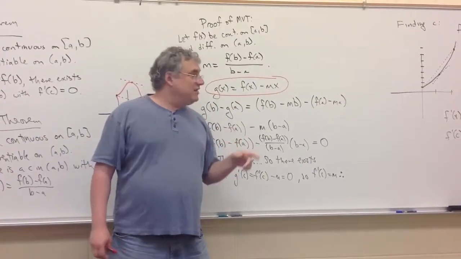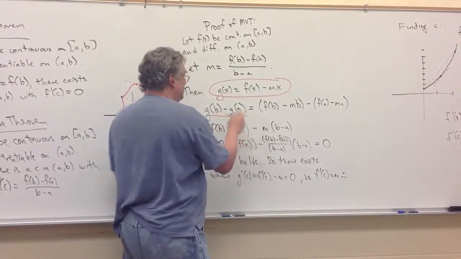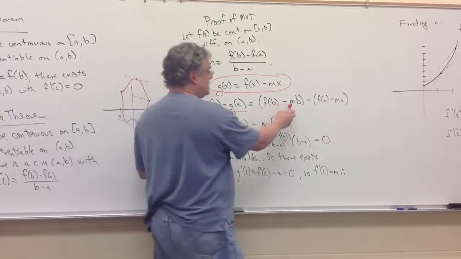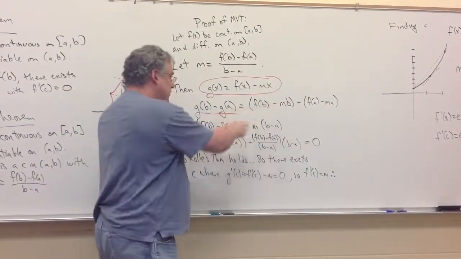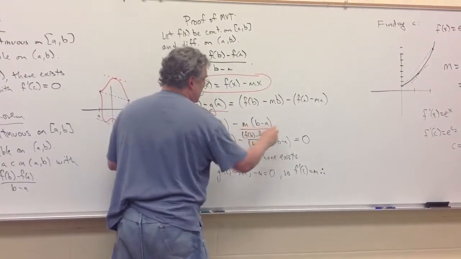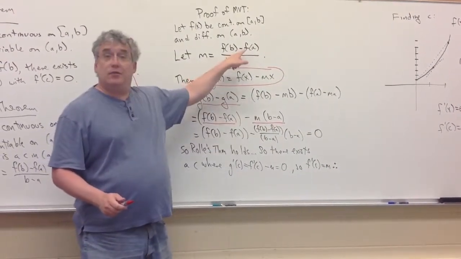Now, why are we doing that? Because if you notice, g of b minus g of a, just plug them in. You get f of b minus mb minus f of a minus ma. I'm going to rearrange the terms right here. Then I'm going to expand what m is. M, remember, is a constant. It's this slope.